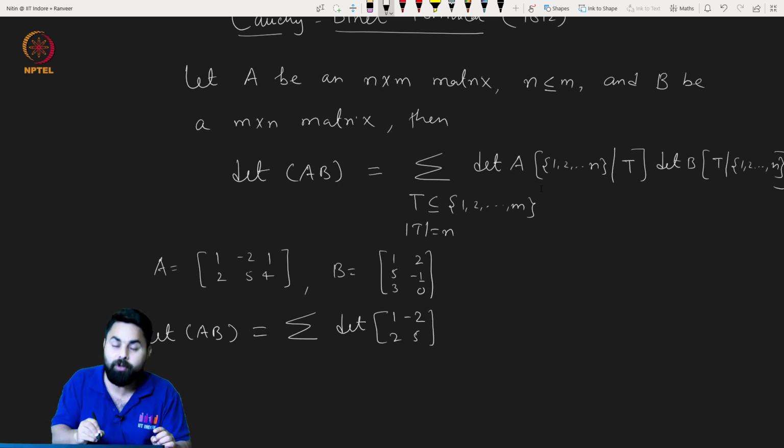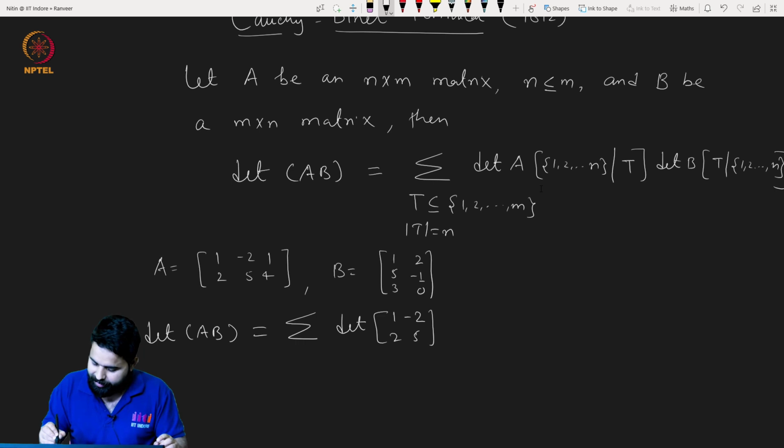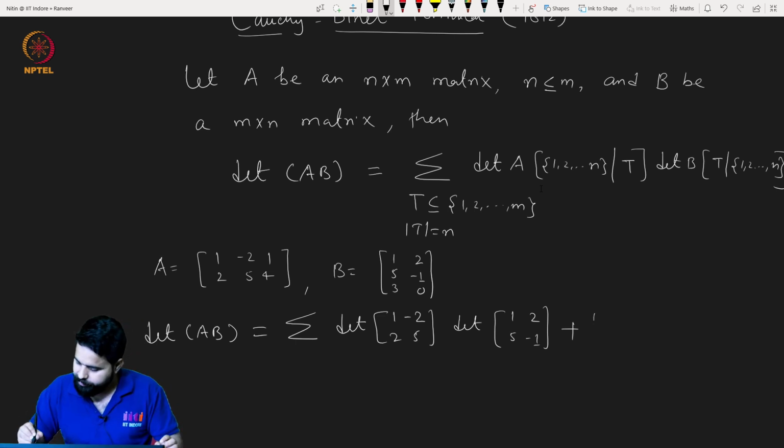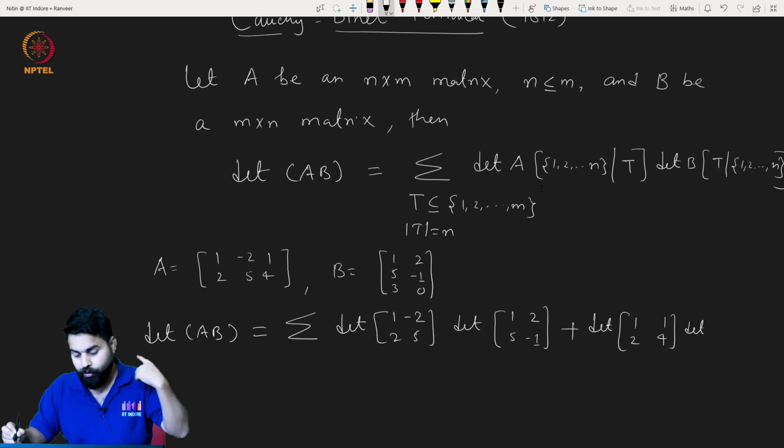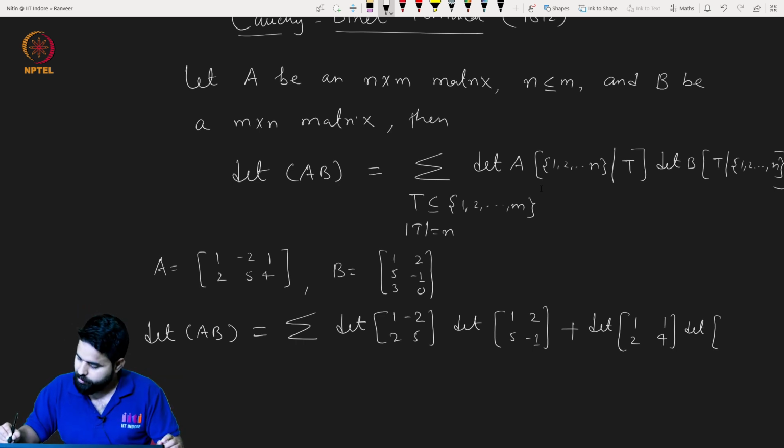Here I have taken the subset 1, 2. Then you do the same for B: you take the first 2 rows and all the columns, giving 1, 5, 3, 2 with a minus 1. Then the determinant for the subset 1 and 3: you take columns 1 and 3, giving 1, 2, 1, 4, and similarly you take rows 1 and 3 from B, giving 1, 2, 3, 0.